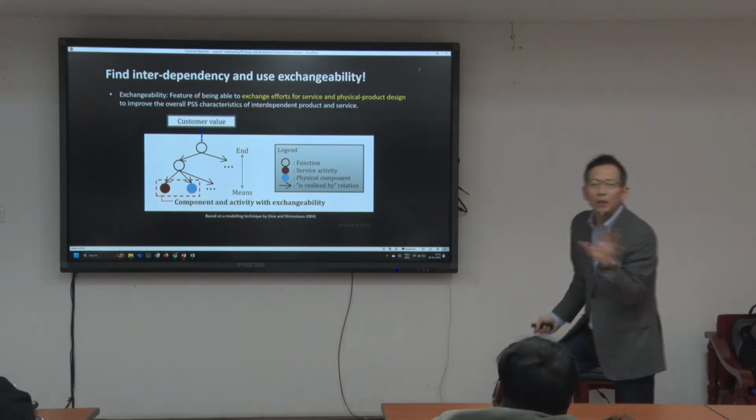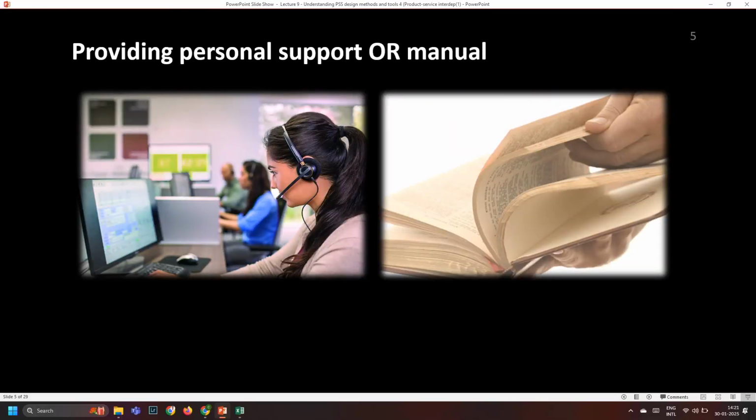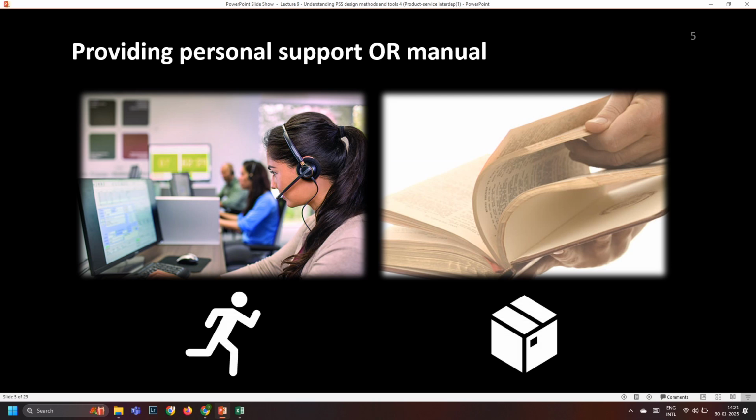It's a little bit abstract statement and discussion, so I will give you the most simple example. Service and product, right? And both of these can serve a certain customer value.